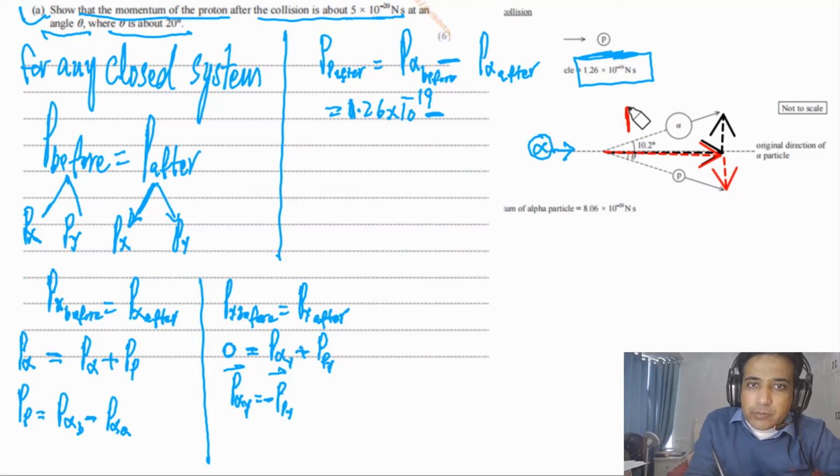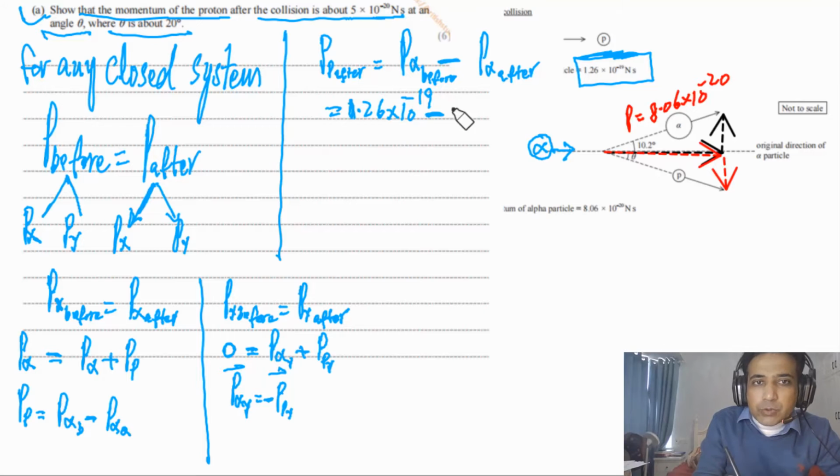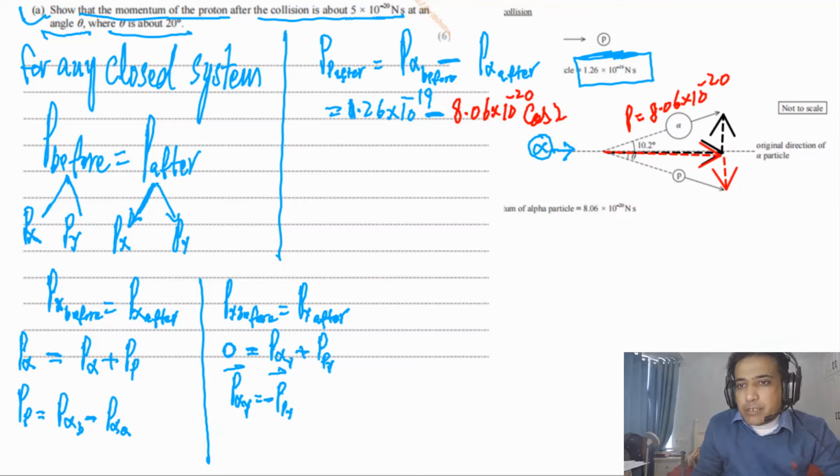And how can we find momentum of alpha particle along x after? Here we have momentum of alpha particle after, and this is equal to 8.06 times 10 to minus 20, but we need the x component. So this has to be 8.06 times 10 to minus 20 cosine of this angle, 10.2 degrees.